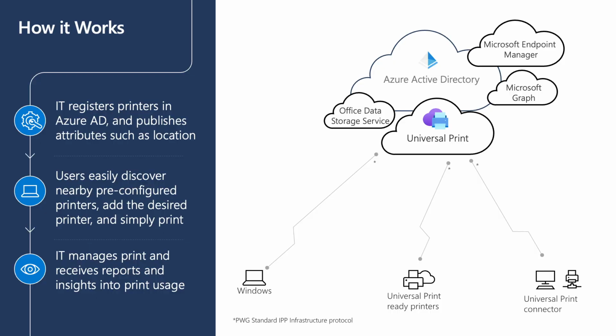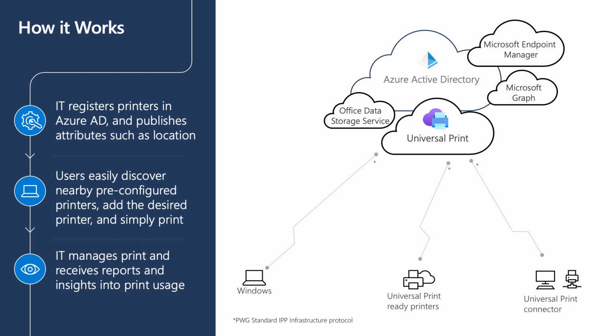As mentioned, Universal Print is built on Microsoft Azure. This means that Azure AD is your one source of identity management. It also means that your print jobs are stored securely on the cloud in the same storage service as your emails and SharePoint documents. By the way, wanting to deploy printers on your client's devices?